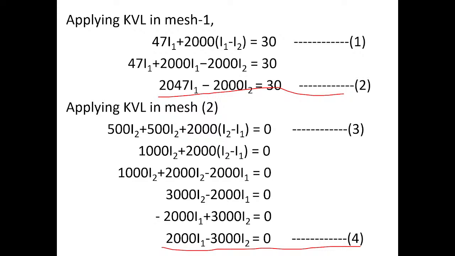Now you people solve it. Whoever is attending this online lecture, along with the scientific calculator, you can calculate it and you can just mention in the chat box the answers for I1 and I2.